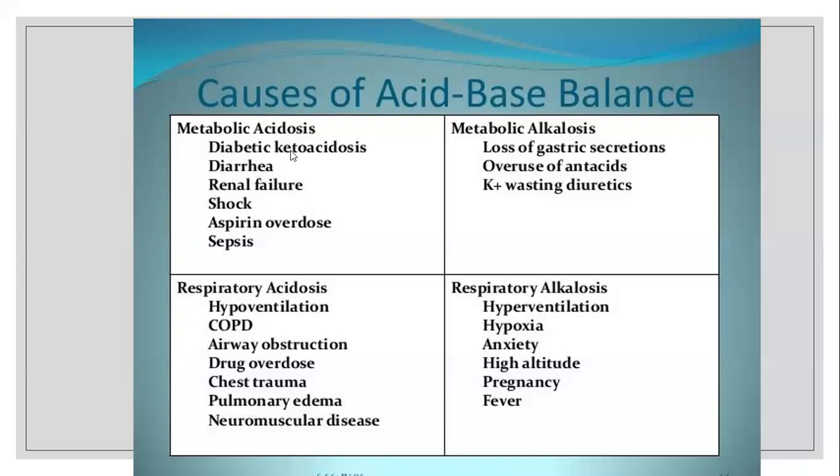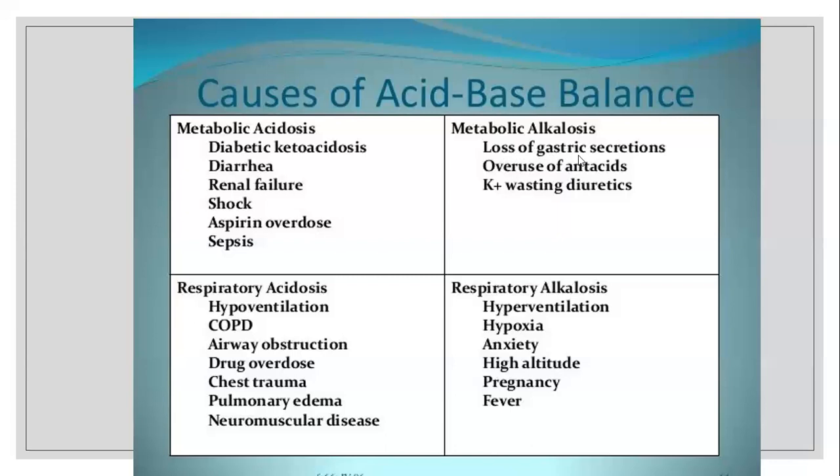So an easy way to remember: anything except vomiting or suctioning, all GIT-related problems, are metabolic acidosis. In case of metabolic alkalosis, examples are vomiting or suctioning, like pyloric stenosis.